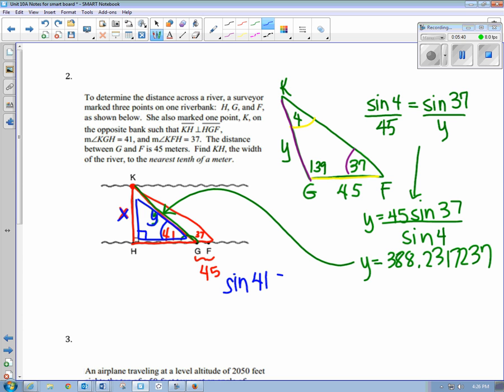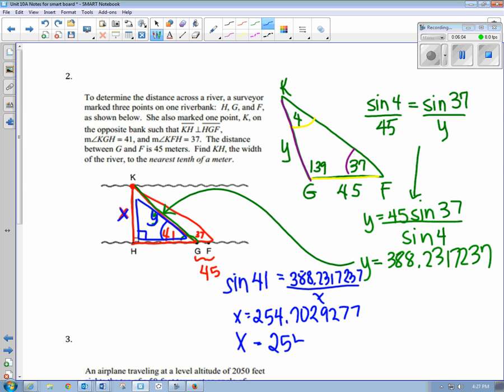Sine of 41 equals that side of y, which is that 388.2317237 divided by my x value, cross multiply and solve, and I end up with 254.7029277. I'm rounding in this case to the nearest tenth, so 254.7 for my final answer.